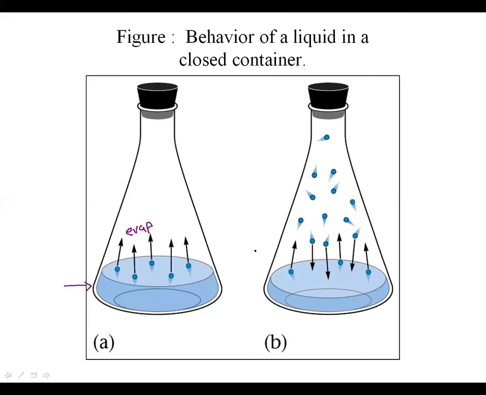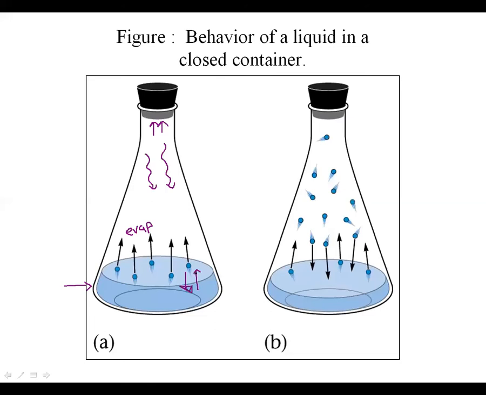And in a closed container such as this, those gas molecules have no way to escape. So once they get up here, they will eventually start working their way back down. And as they work their way back down, some of them will go back into the liquid, while some of them will still be coming out of the liquid.